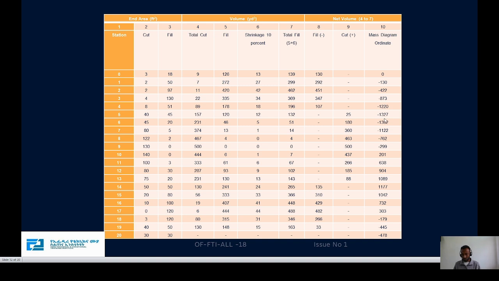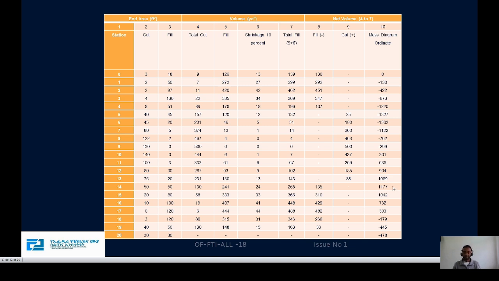In a cutting section the value is positive, so adding it to the cumulative, the negative value decreases. For example, minus 1327 plus 25 is minus 1302. Then negative plus 118 is minus 1122. So we have it like this.